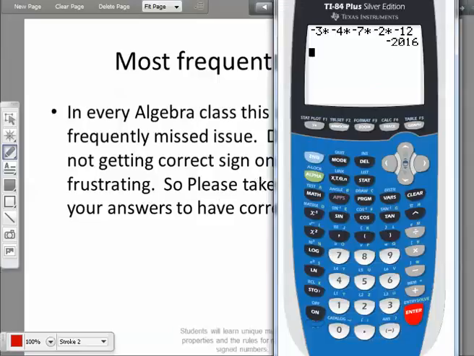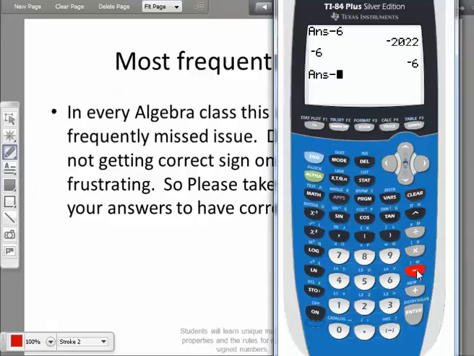Okay? Now, I want to point out something about the calculator because you need to know this before we get going here. If I say minus 6 and hit enter, that was subtracting 6. That is a minus sign. This one down here is a negative sign. Negative 6. The difference between that one and this one, clear. I don't want to do that.